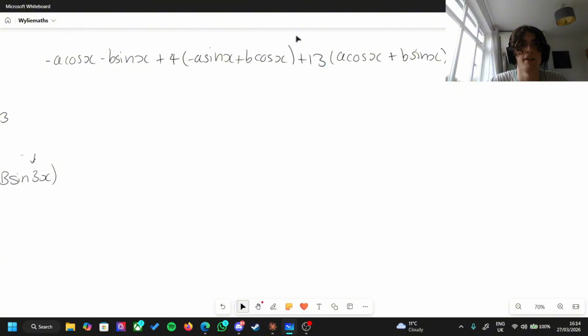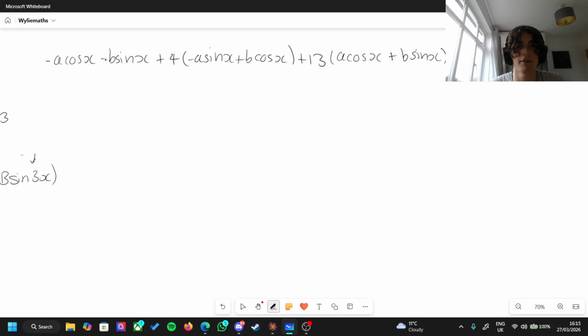So now we can compare coefficients, and we can do this in a relatively smart way. So obviously we do not care about the coefficients of sine. There is no sine element here, so all of the coefficients of sine are going to add to 0, and all of our coefficients of cos are going to add to 26. So we can create a simultaneous equation for our functions of cos and for our functions of sine.